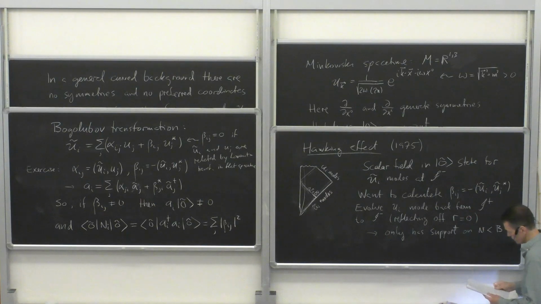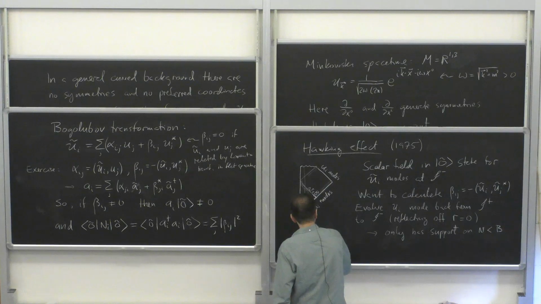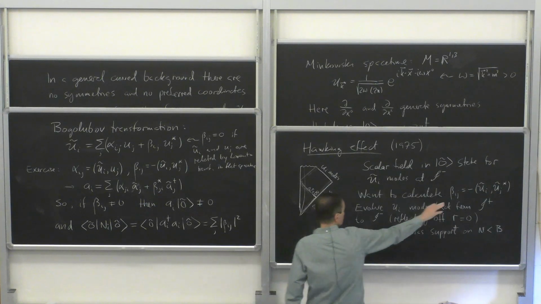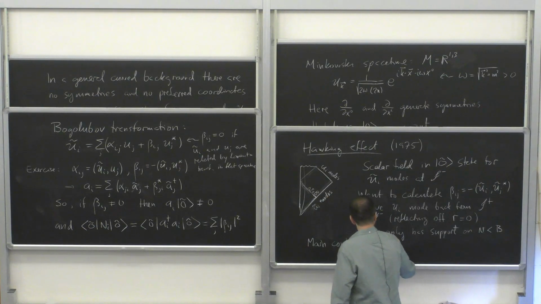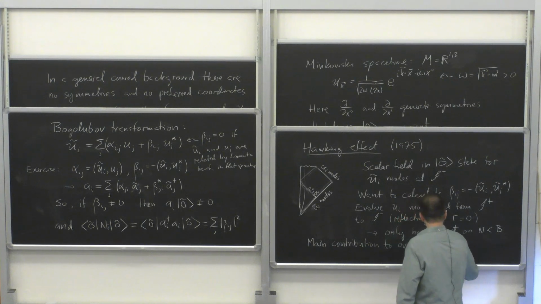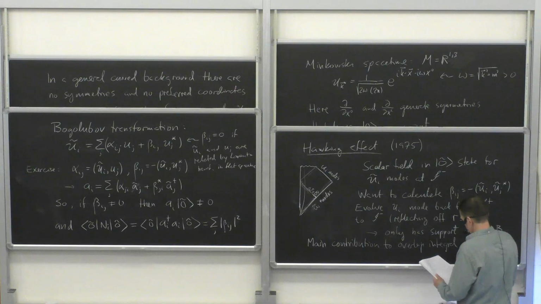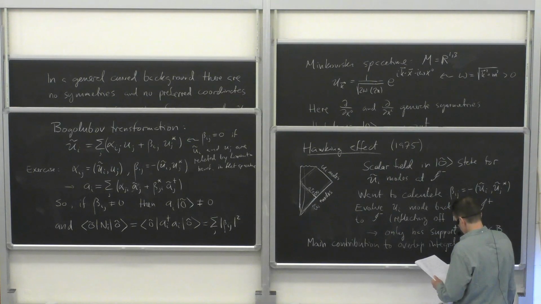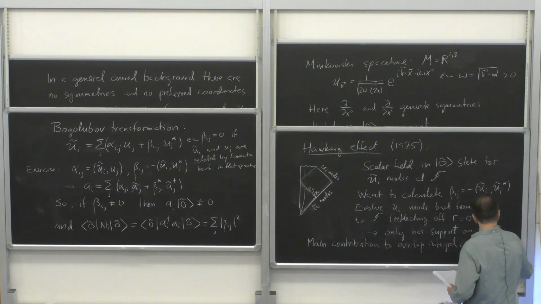Okay. And what we'll see is that the main contribution to this overlap integral, which is what this is called, comes from very close to the horizon. So it comes from v getting very close to b.